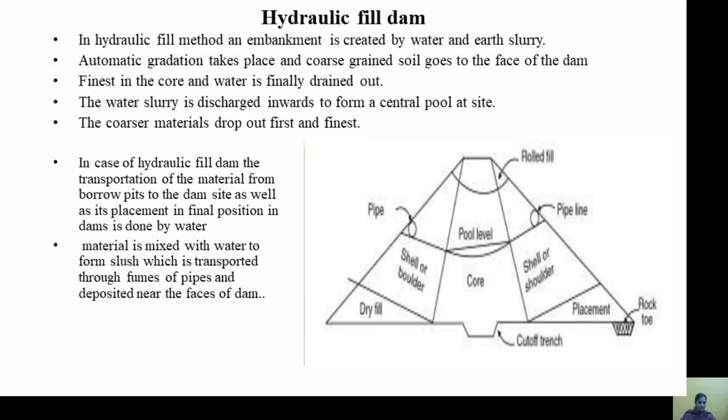So here the gradation will take place naturally. Coarse fill will be at the outer part and the fines at the middle of the section with this pipeline. So you can see the hydraulic fill earth dam. As material is transported with the help of water, the type of dam is known as hydraulic fill dam.